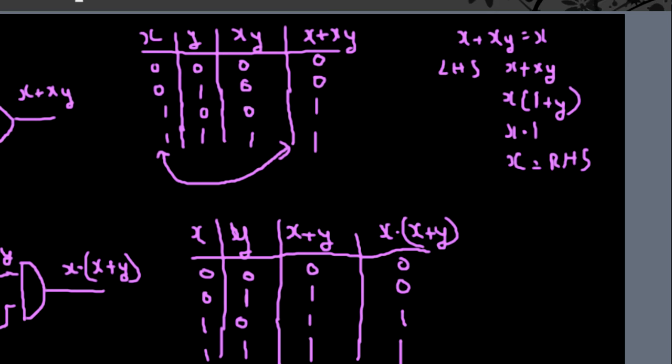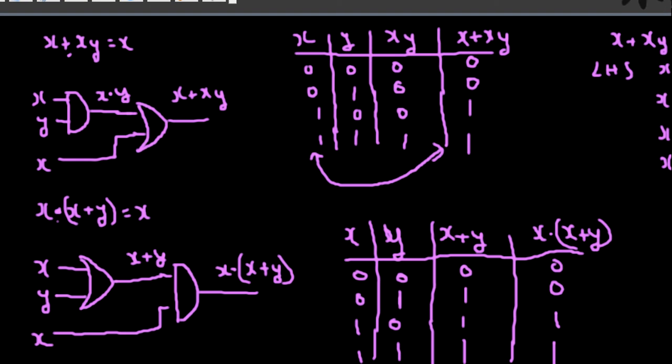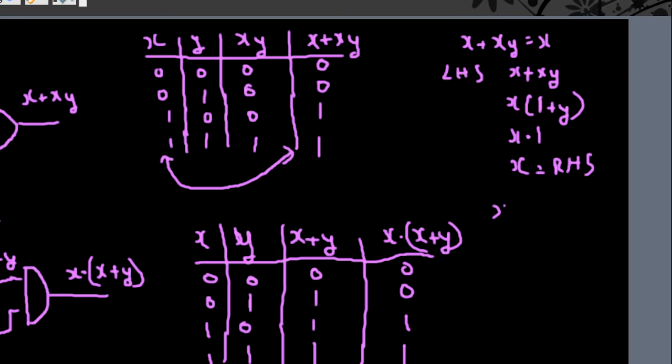Now you can even do this for the dual one. The dual is x multiplied with x plus y. This is our LHS. Now let's multiply this: x multiplied with x plus x multiplied with y. x multiplied with x is always x, this is the idempotence law, plus x multiplied with y.